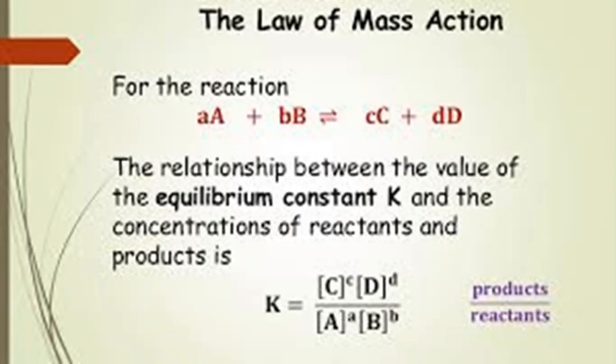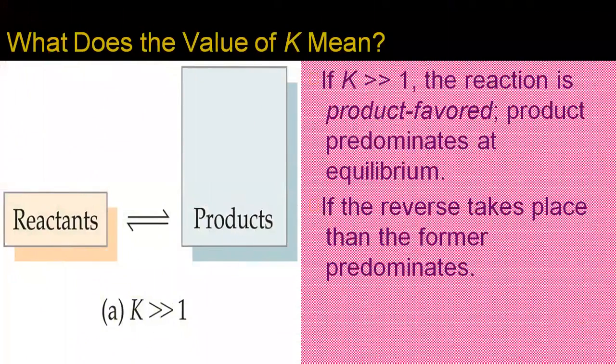So before the proposal of the law of the equilibrium constant, this was known as the law of mass action. This gives the relationship between the equilibrium constant K and the concentrations of reactants and products: the product divided by the reactant.